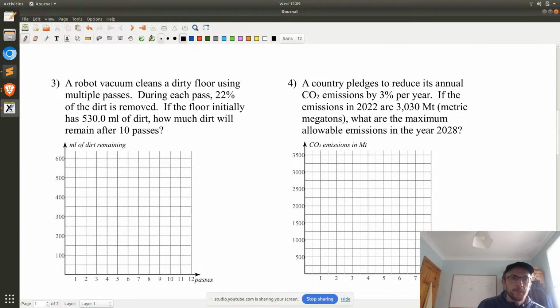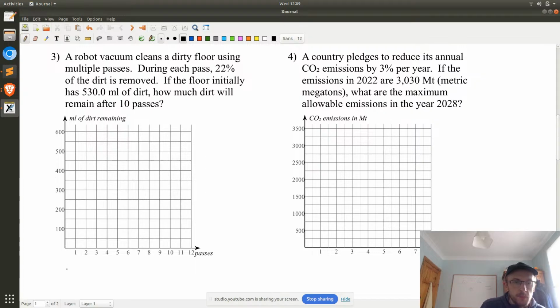Anyway, a robot vacuum cleans a dirty floor using multiple passes. During each pass, 22% of the dirt is removed. If the floor initially has 530 milliliters of dirt, how much dirt will remain after 10 passes? So it will be 530.0 multiplied by 0.78 to the power of 10 to the nearest tenth.